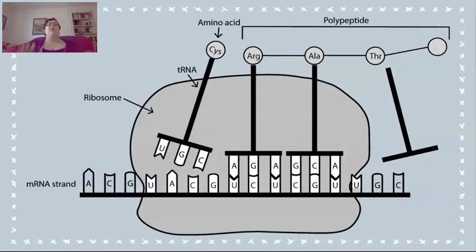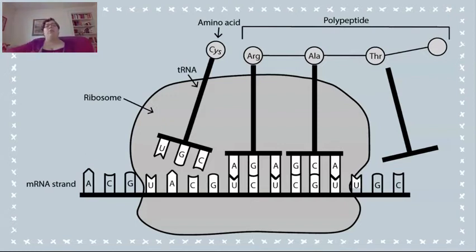So in this diagram, you can see a better view of what's actually going on during that second part of the process of making a protein, during that translation phase. And what you see here is that the mRNA gets fed through the ribosome.